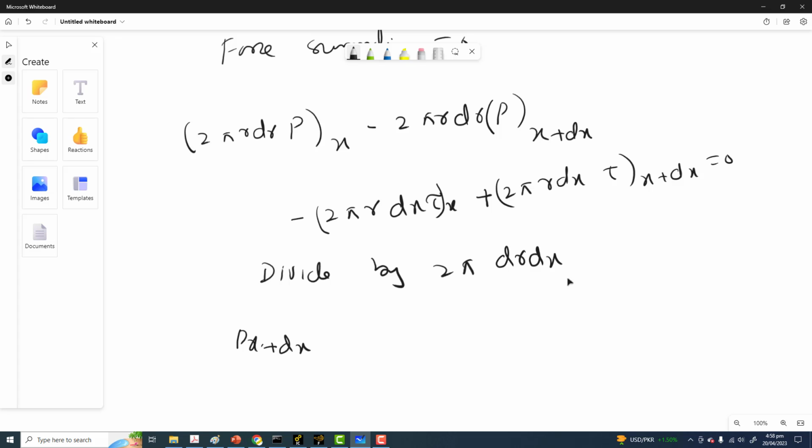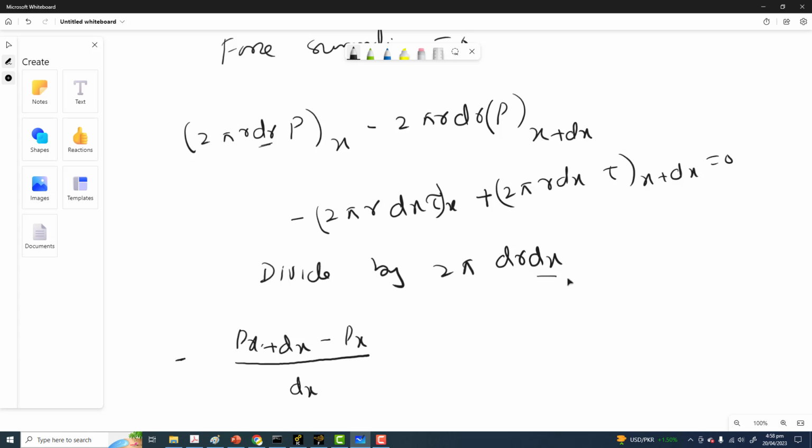Okay, the minus sign here: minus P at x will be positive P at x, and the positive P at x plus dx will be a negative value. That's why I took out the minus sign common from these two terms. And finally, because we are dividing by 2 pi, the 2 pi will be cancelled, and the dr will also be cancelled, and we have dx remaining in the denominator.